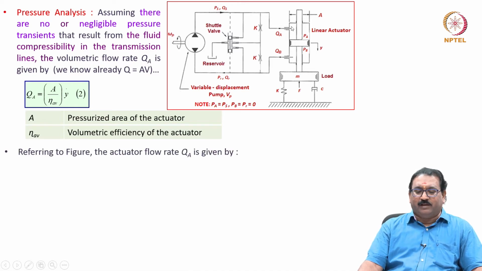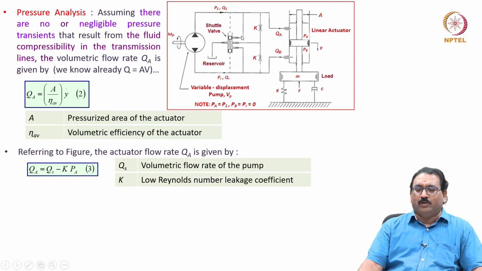Referring to the figure, the actuator flow QA is given by QA equals QS minus K into PA. Call it equation number 3. Here QS is the volumetric flow rate of the pump, and K is, as we already know, the low Reynolds number leakage coefficient.